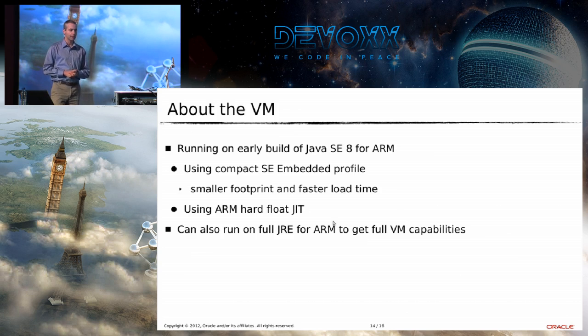And this is our most compact Java SE profile. We're also going to be having profiles with more functionality. There are some things you don't get in this profile. For example, at the moment, you can't run FXML with JavaFX on this configuration because we haven't got the XML libraries. That is something that we're looking at ways to resolve.